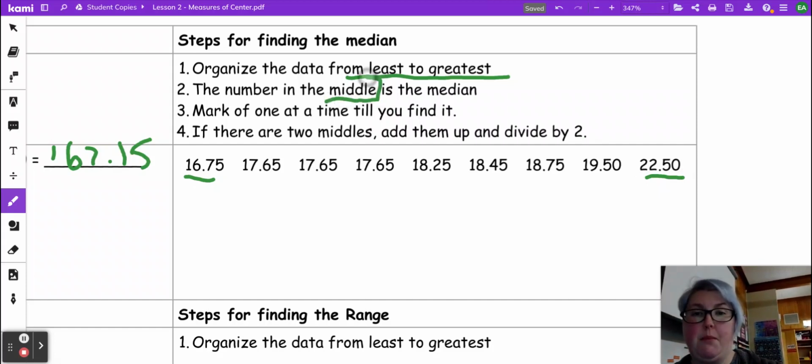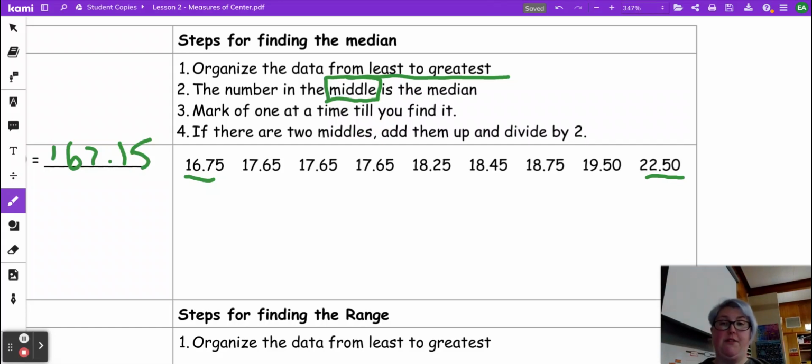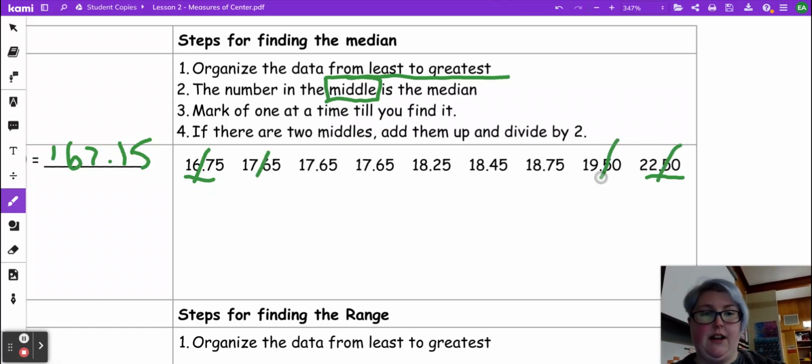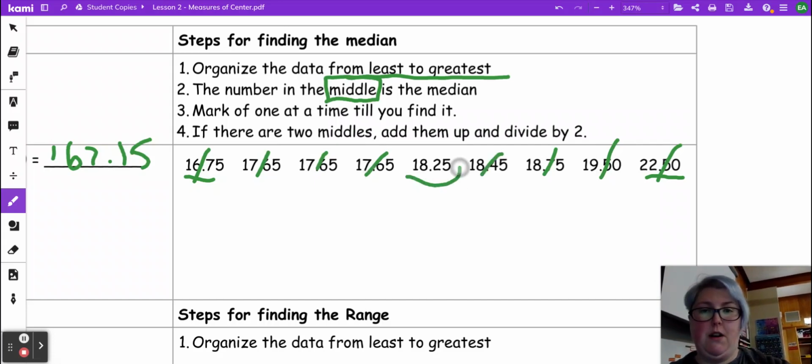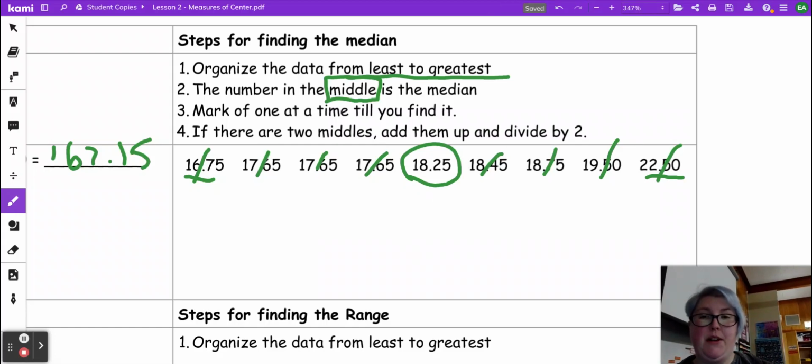The middle number is your median. What I like to do is go from left to right and cross off until you find the middle. Our middle number, our median, is 18.25.